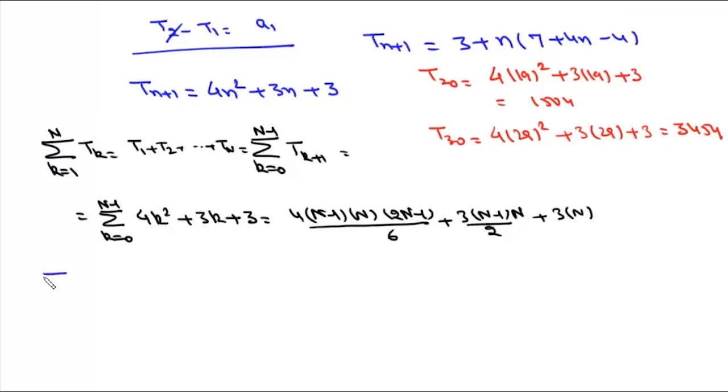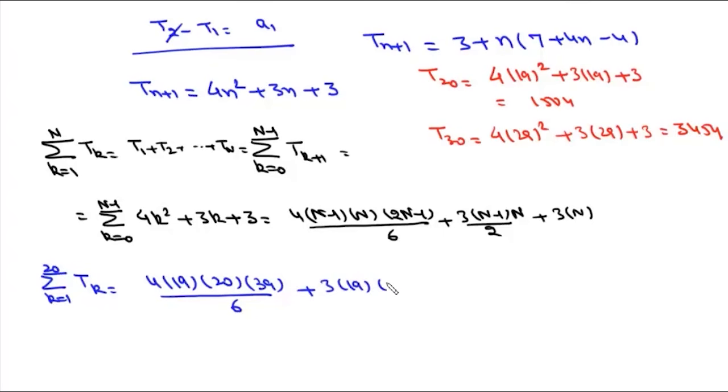Now first we'll find this summation, k varies from 1 to 20 of T_k. Now here the value of n is 20. So if we put n as 20, it will be 4 into 19 into 20 into 39 by 6 plus 3 into 19 into 20 divided by 2 plus 3 into 20. And this value is 10510.